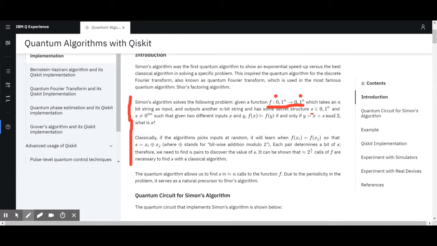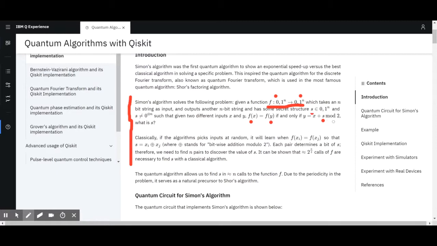f(x) equals f(y) only if... what I guess this is saying is that it's a function that repeats itself. It outputs the same value for two different inputs, periodically, right?